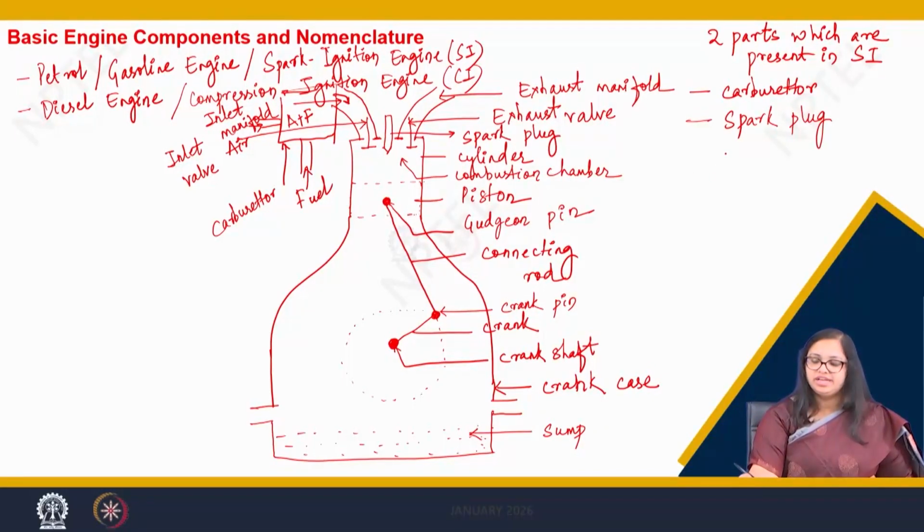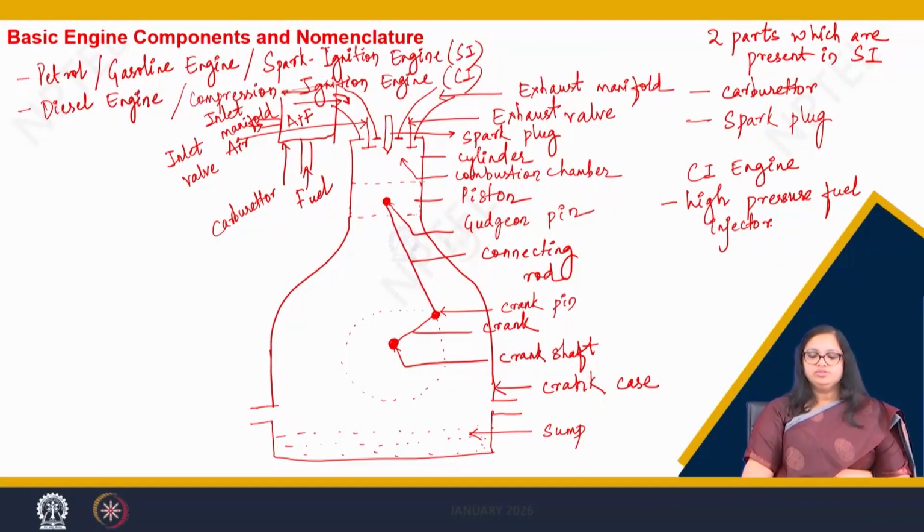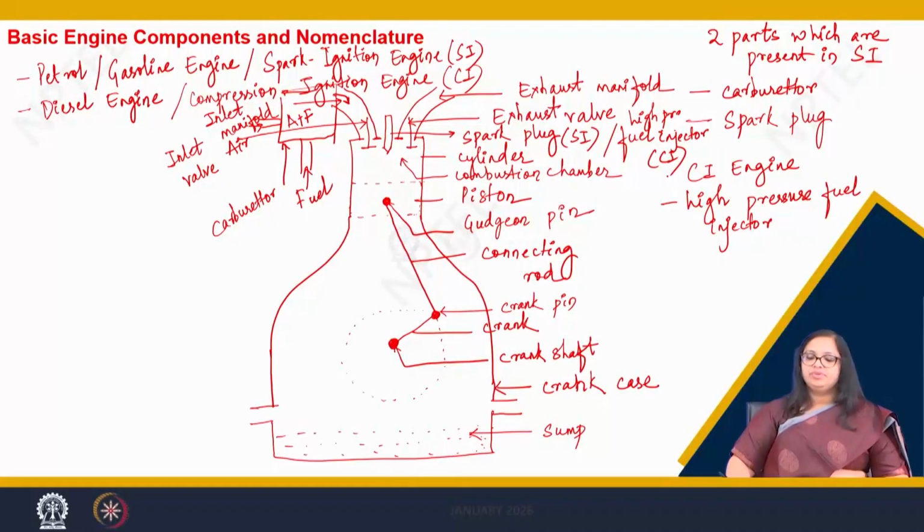The part that is present in the CI engine, that is the compression ignition engine: in the CI engine we have a high pressure fuel injector in place of the spark plug, which is in the SI engine.